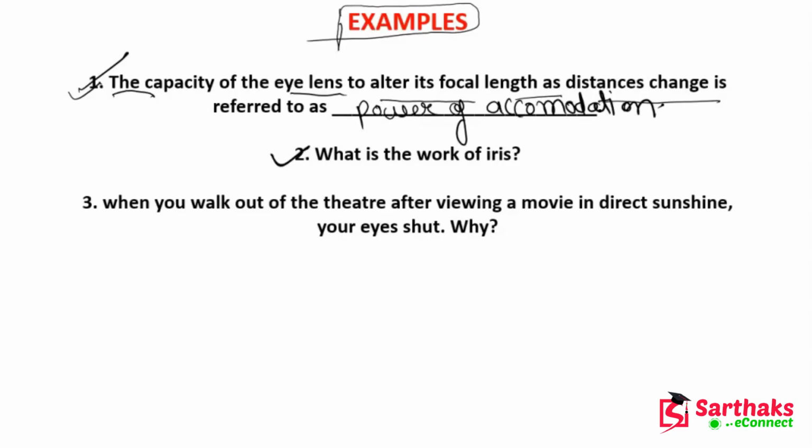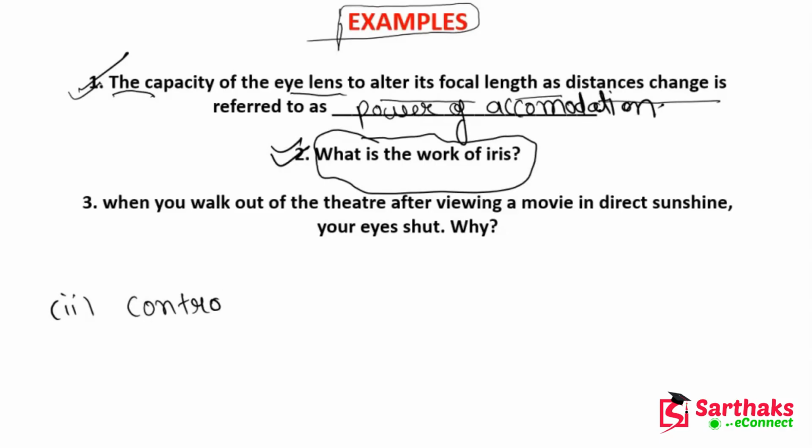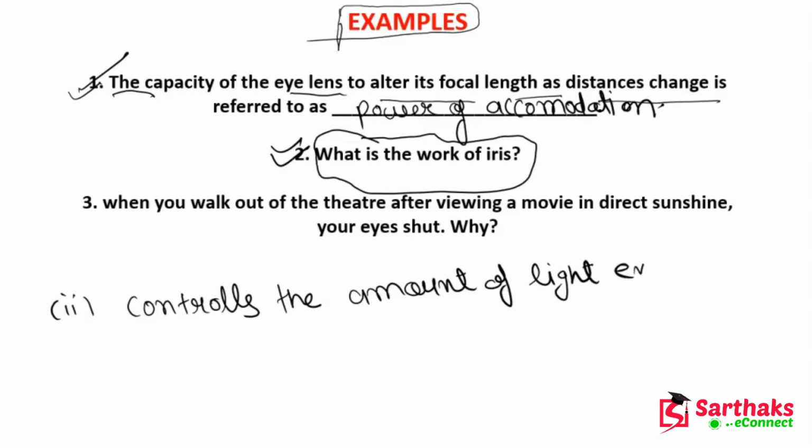Okay guys, now let's talk about the second question: what is the work of the iris? Here we want to know what the work of the iris is. We know that the iris controls the amount of light entering the eye, or you can say the pupil.